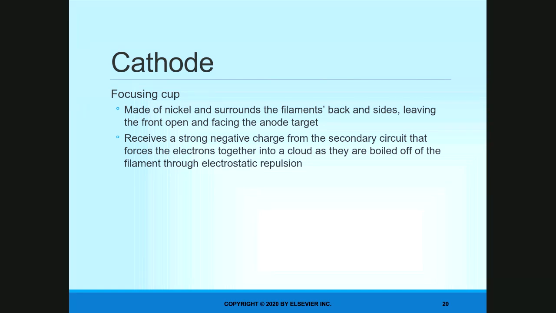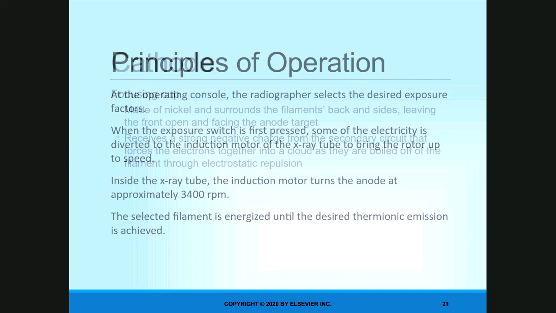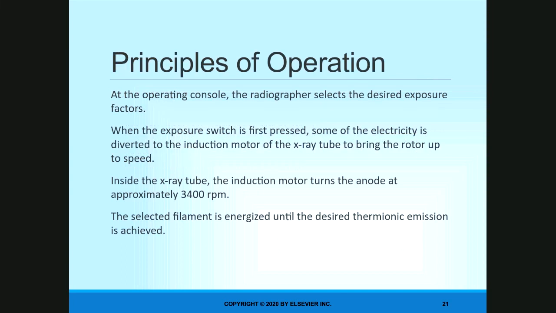Okay, so now we discuss the two portions of the tube, each electrode. In this part, we're going to talk about what happens at the operating console or the control panel. On the control panel, we basically select our exposure factors.